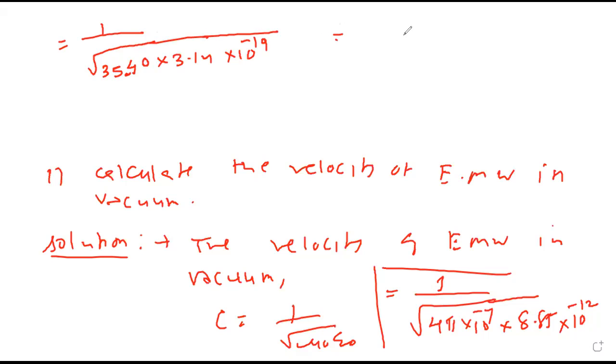So I can write this as 1 upon root of 35.40 into 3.14, with 10 raised to minus 19.